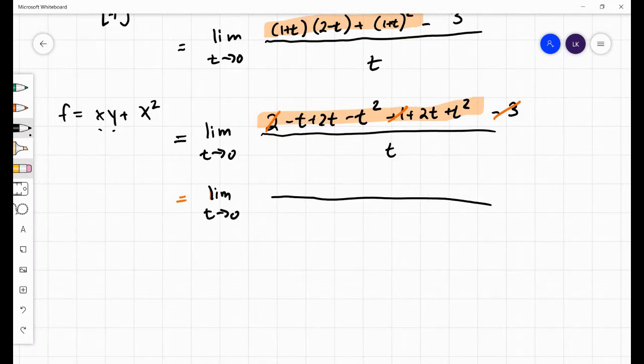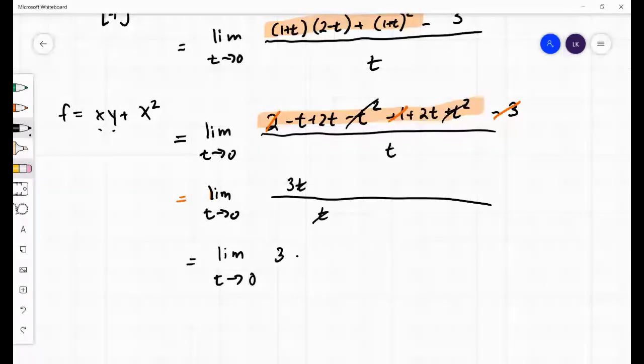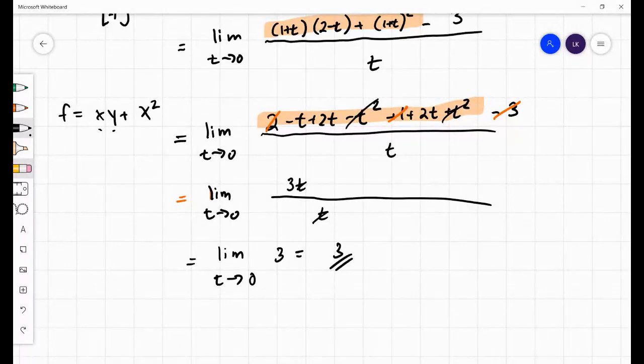So let's see, how many t's do we have altogether? 3t, and the t squares happen to cancel out, so nice. That's easy. The t's will cancel, and we're left with a limit of a constant. So again, we get 3, using the definition of directional derivative.